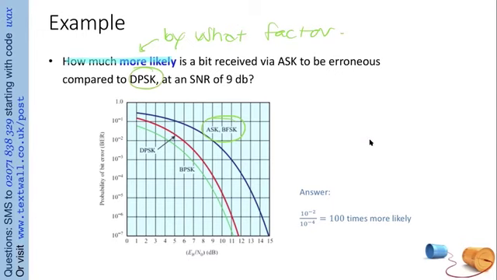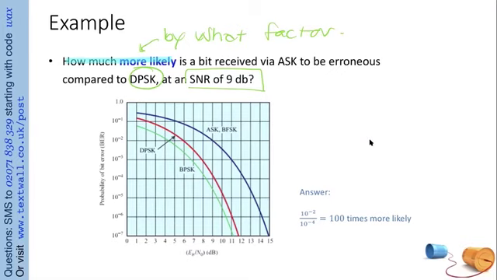So we're looking at the blue and the red. At a signal to noise ratio of 9. Okay, so let me clean that up.